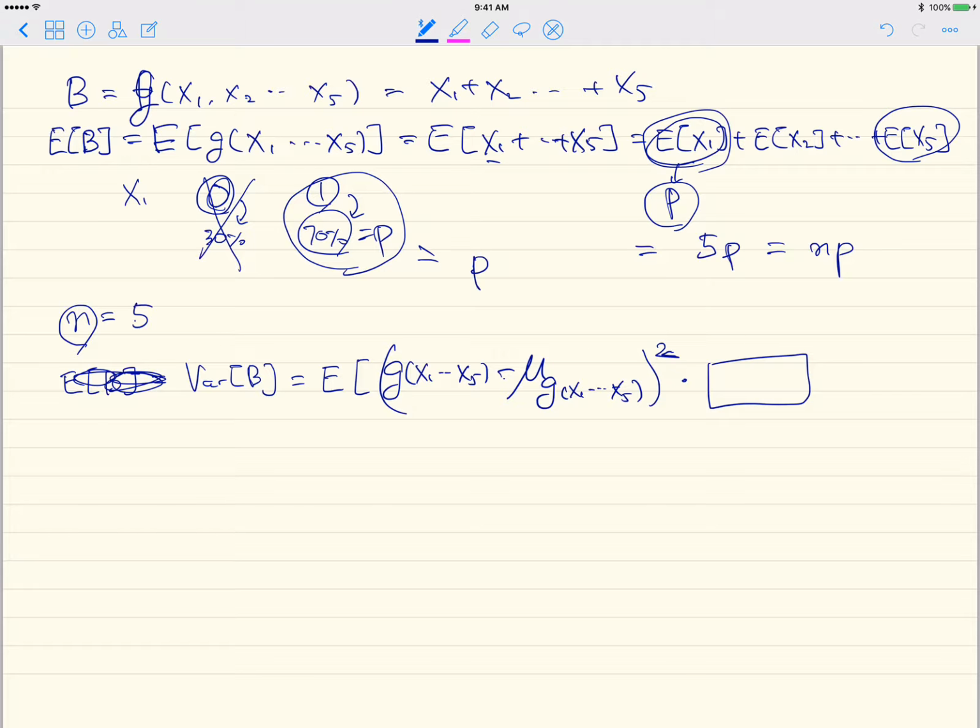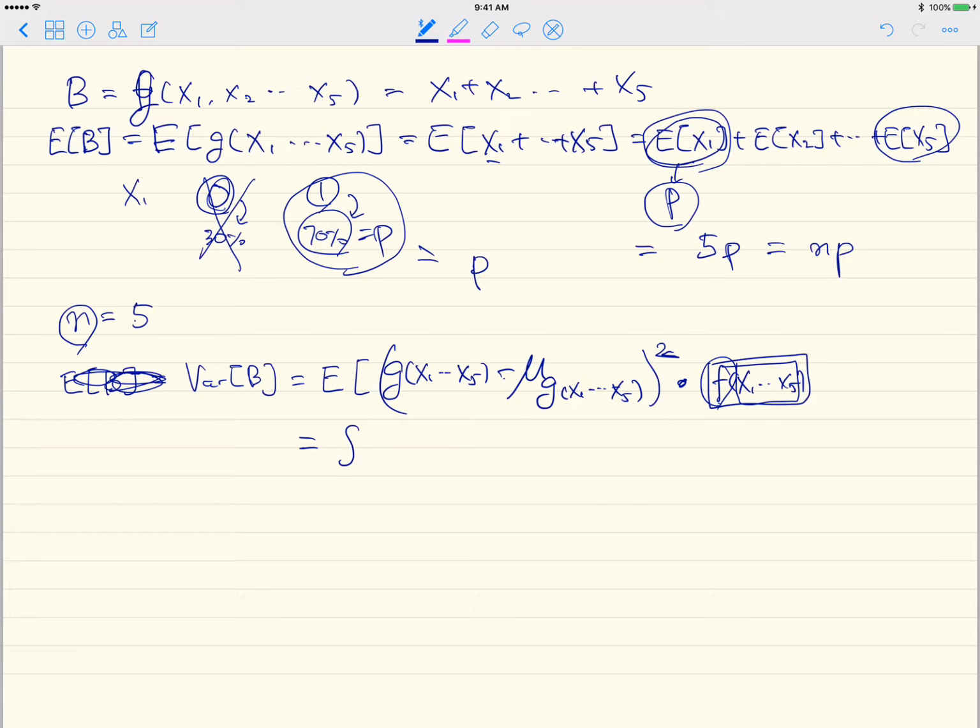Here this should be f of x1 through x5. You know the meaning of this function f. That is the joint probability distribution of the original random variables x1 through x5.